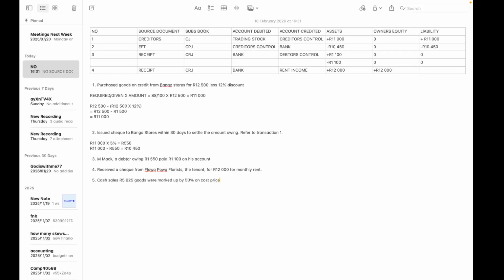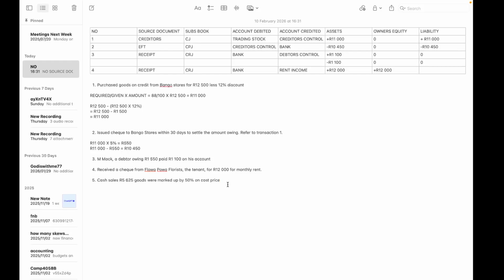So they tell us that here we have a cash sales of goods of how much? Of 5,625. So now we need to calculate how much cost of sales was.